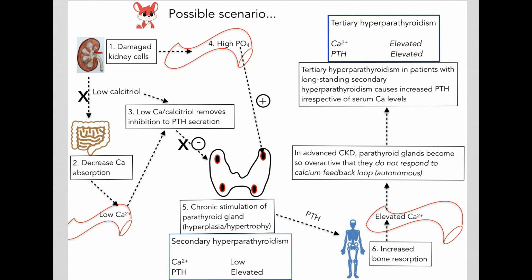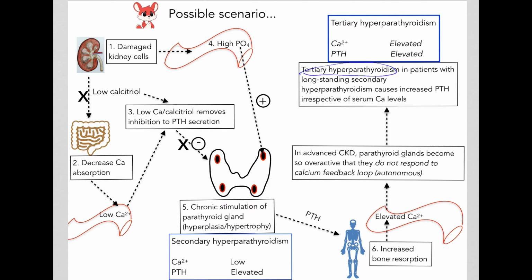Now, in advanced chronic kidney disease, these parathyroid glands become so overactive that they do not respond to this increased serum calcium. The feedback loop doesn't work anymore, and these cells basically become autonomous. And this leads to what we call tertiary hyperparathyroidism.